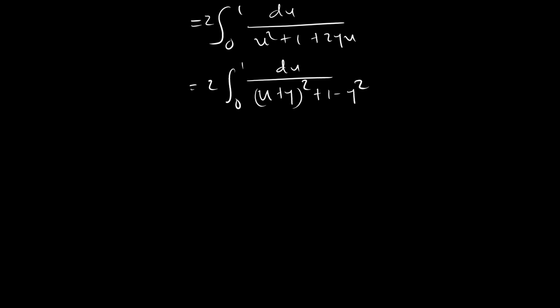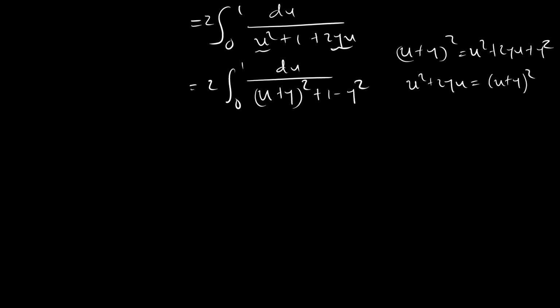So this comes from (u plus y) squared equals u squared plus 2yu plus y squared, such that u squared plus 2yu equals (u plus y) squared minus y squared, taking this side.